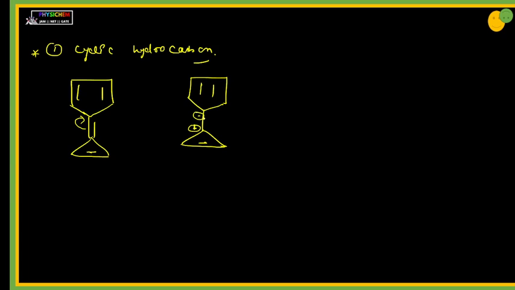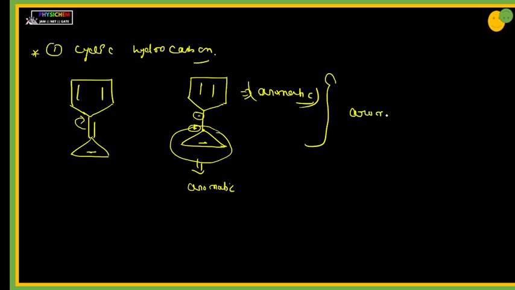Why do we take this? Because if the positive charge comes on this carbon, this ring becomes aromatic, and the other ring also becomes aromatic, because 6 pi electrons means 3 pi bonds, which means aromatic. So both rings are aromatic, so the overall compound is aromatic and highly stable. This is called quasi aromaticity, which is created by polarization.